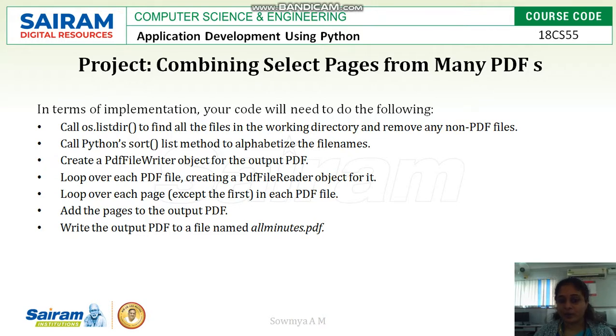Then loop over all the PDF files, create a PDF file reader object, and based on the loop on each file, ignore the first page from all the PDFs. Then the remaining pages should be added to the PDF. Then write the output to the file called allminutes.pdf.